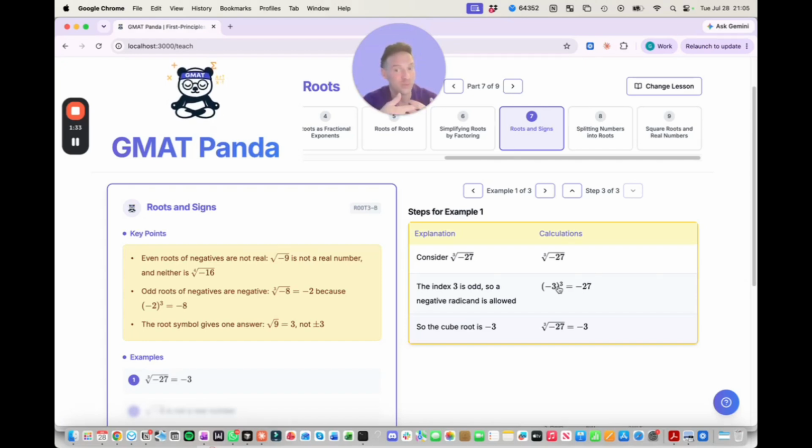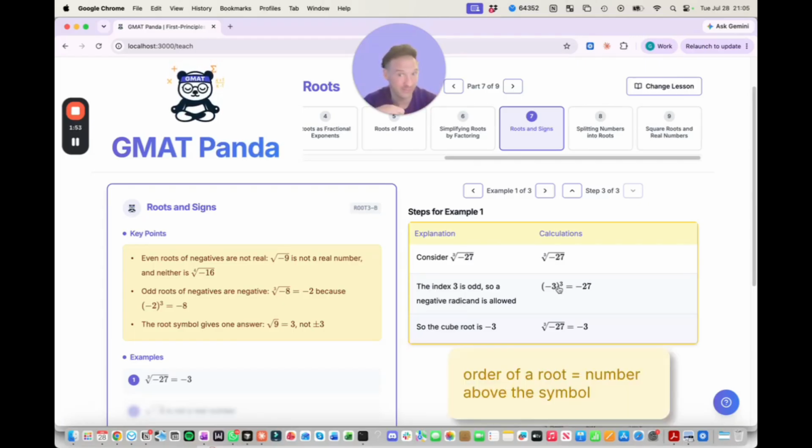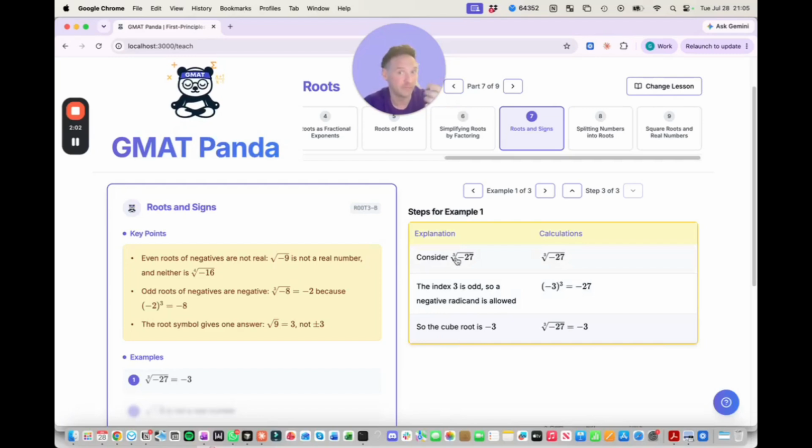And when you've got an odd number of negatives, you end up with a negative number when you multiply them. So that's why you can take a root of a negative number as long as the order of that root is odd. So in this case, it's 3 because it's the cubic root. It would be the same if it were 5, 7, etc.